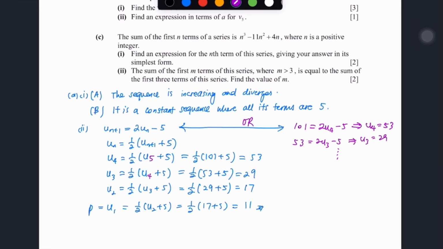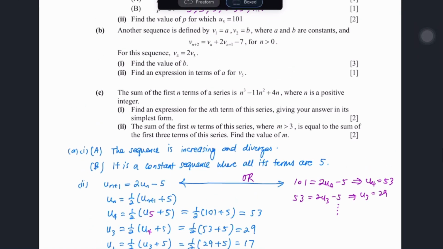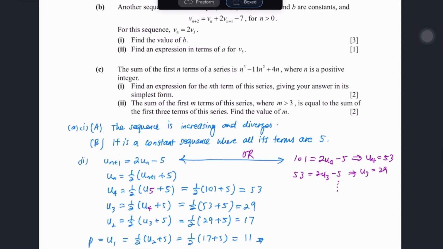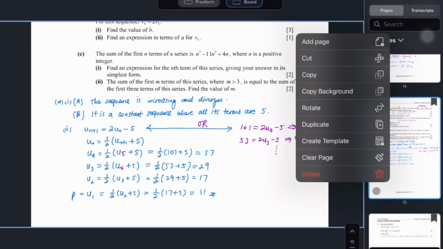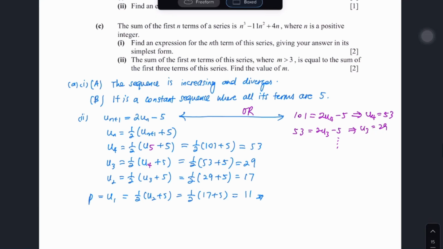Okay, so part B. Sorry, let me copy this. Copy. Okay. Anyone still?